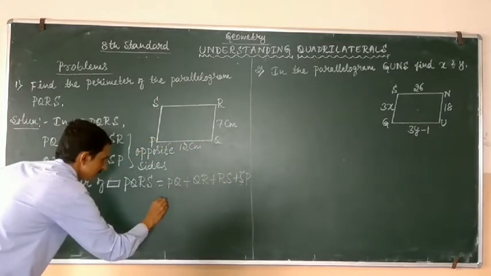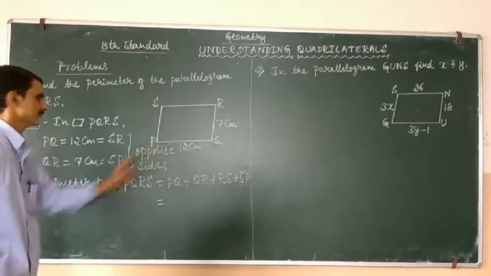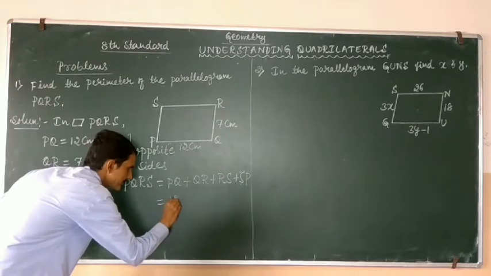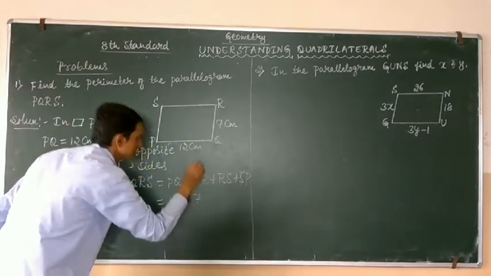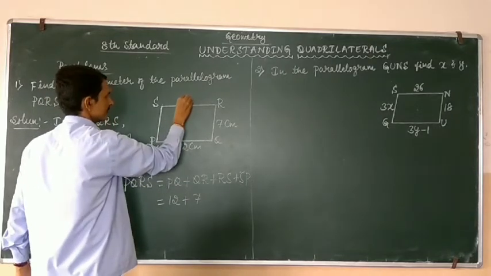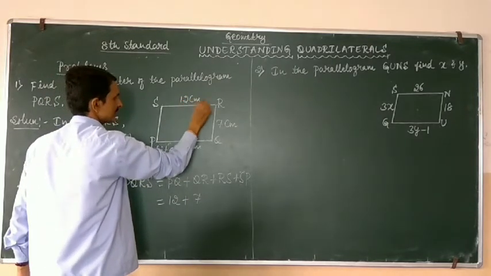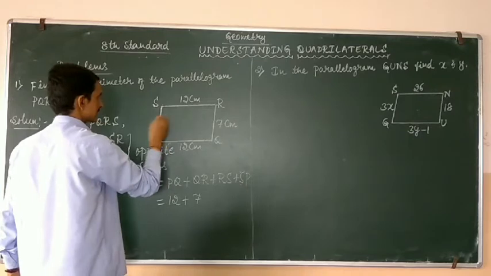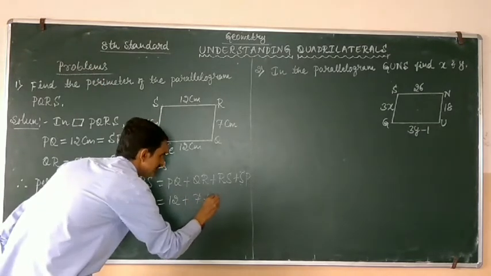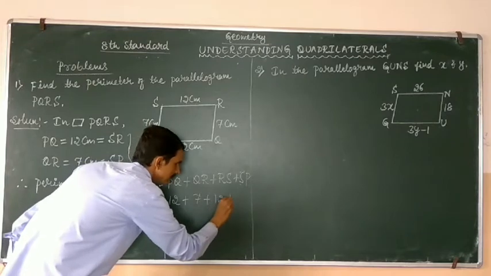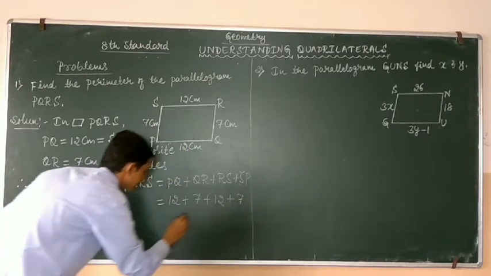The length of PQ is 12, length of QR is 7, RS is again 12, SP is 7.